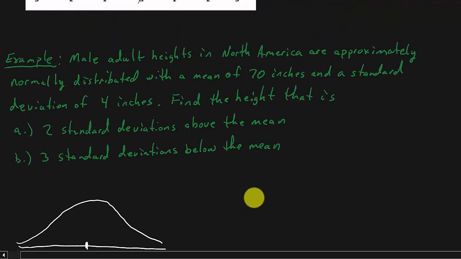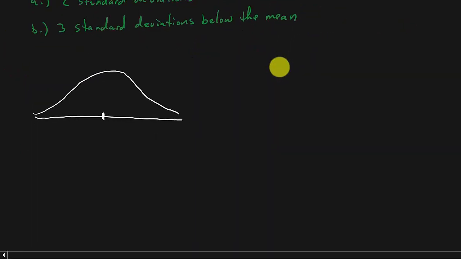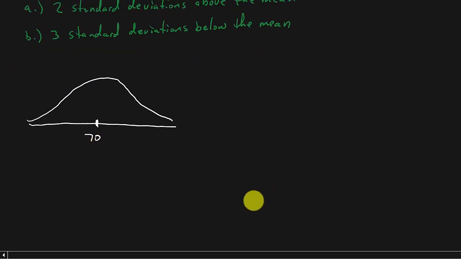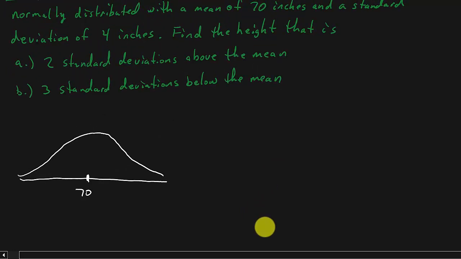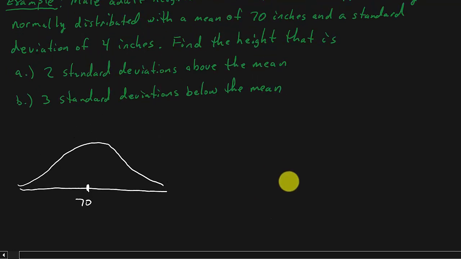And we have a mean of 70. So this is 70. I think this will help you understand some things. So we want to find the height that is 2 standard deviations above the mean. So that means this way. Let's go 1 standard deviation above the mean. If I go 1 standard deviation above the mean, that would be 74.